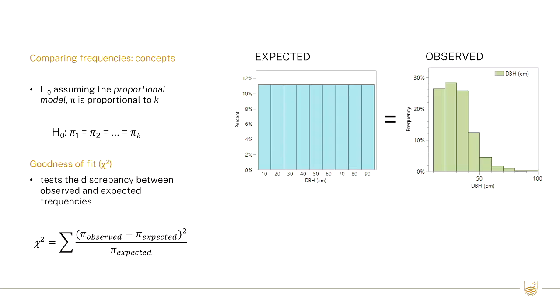Now, how do we calculate it? Well, it's referred to as the goodness of fit or the chi-square test. So how do these distributions fit each other? How does our observed distribution fit the expected distribution?